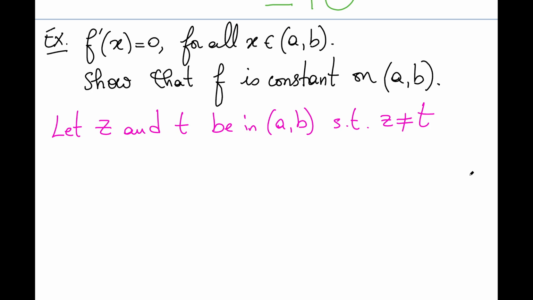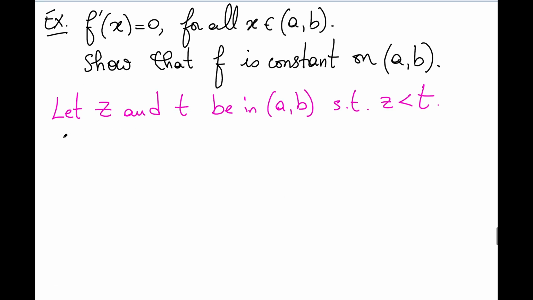Since two numbers are not the same, then one is smaller than the other. So without loss of generality, I can assume that, let's say, Z is smaller than T. Because otherwise you can just take T to be smaller than Z, and the process is the same if you rename Z to be T and T to be Z, right? So it's the same thing. Okay.